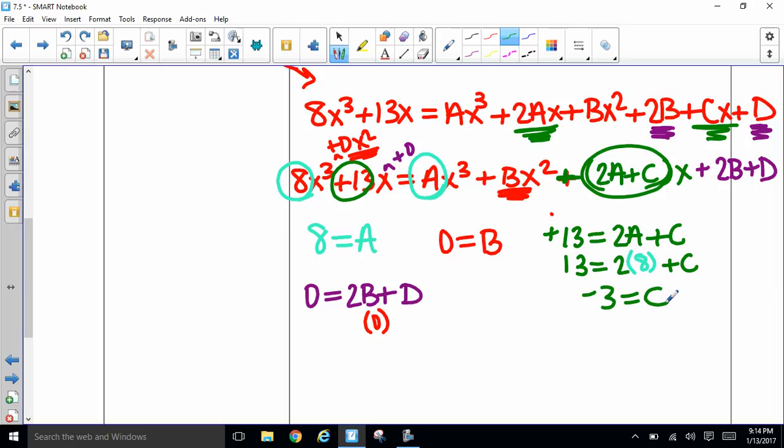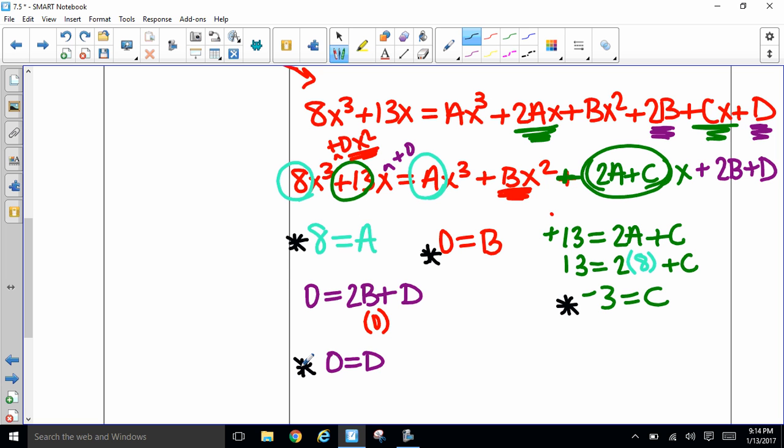And then if I zero out the B, then that also happens to give me a 0 for D in this case. So now I have all of them. I have A and B and C and D.